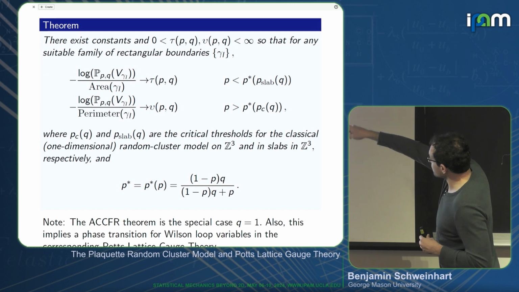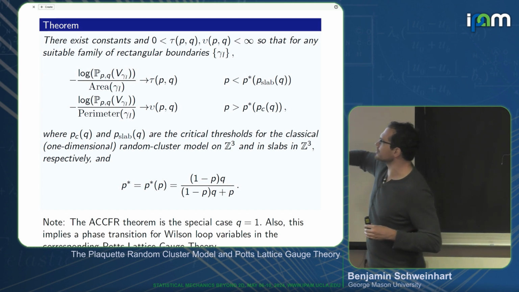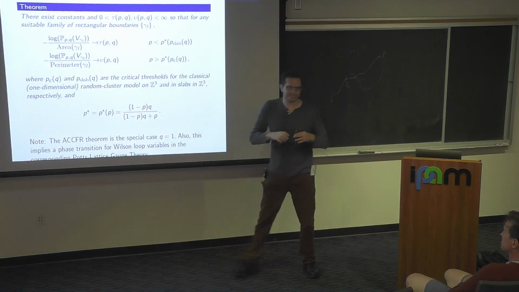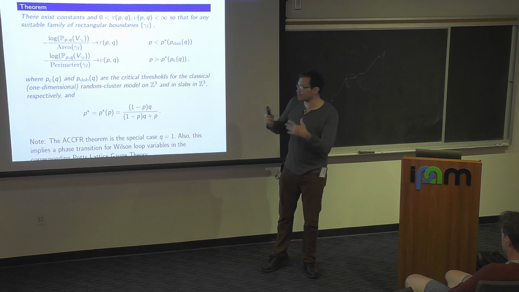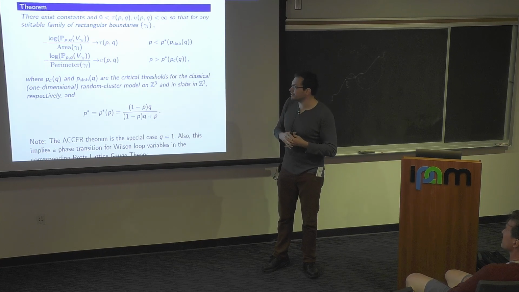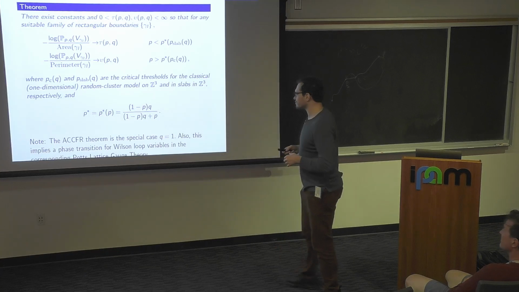Oh, and also there's the hypothesis of suitable. That's only to make sure that this constant doesn't depend on your choice of rectangles. You can prove a perimeter law pretty easily without this. But to get your sharp constant, you need to have that one of the dimensions isn't growing logarithmically slower than the other for our proof to work.